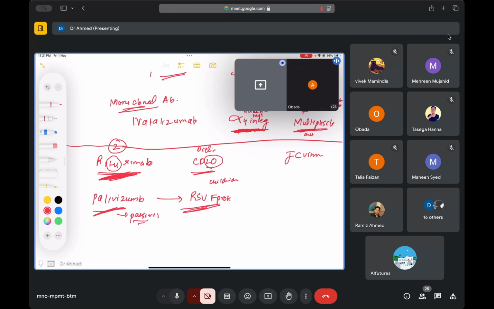For example, in tetanus, we give them antibodies as passive immunity. So if some children are at risk of RSV, give them RSV monoclonal antibody protein in order to save them from RSV infections. Simply, RSV prophylaxis.